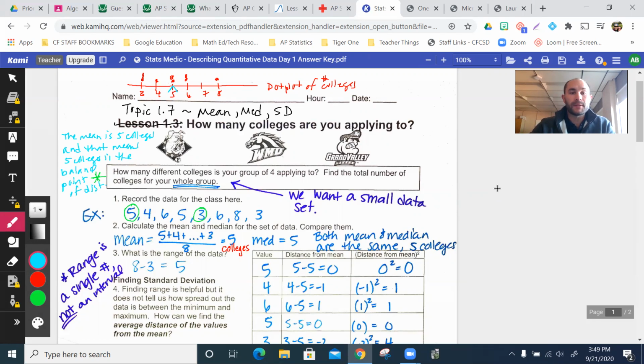Okay, so that is like the center of mass. If you thought of them as weights, it would balance perfectly right on 5. Okay, that's our average, and that's the interpretation.